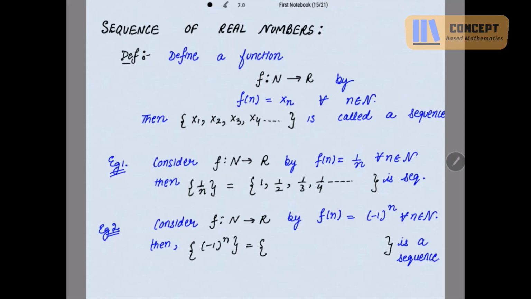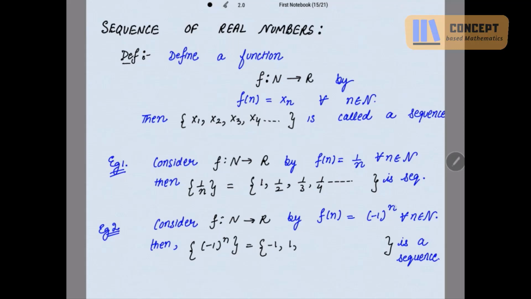Next, there is another example. We define a function from N to R by f of n equal to minus 1 to the power n for all n belonging to natural numbers. Now here, if you put n equal to 1, you get minus 1. And if n equal to 2, the power will be even, so you get 1.